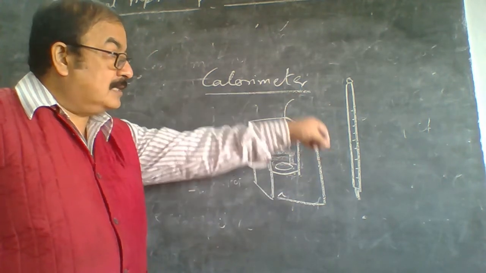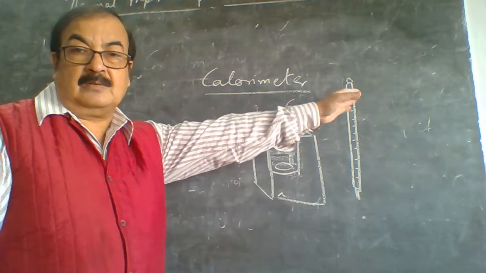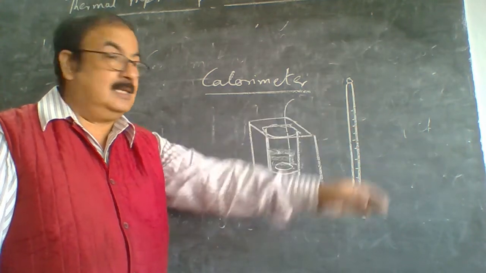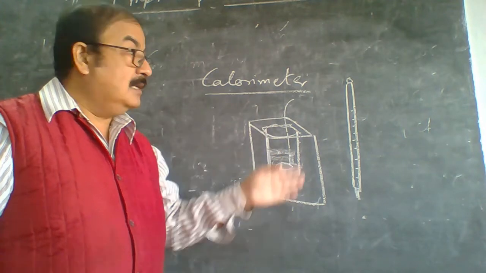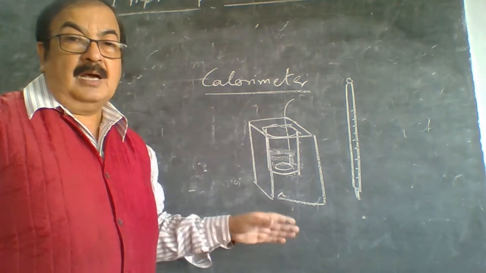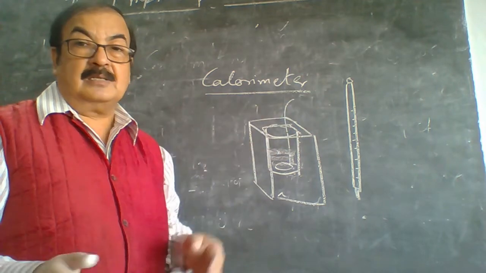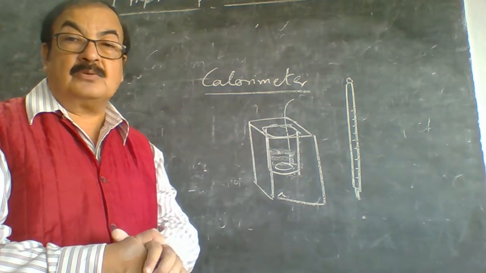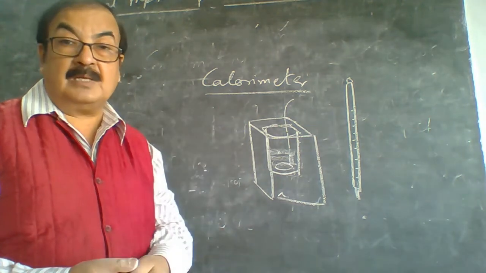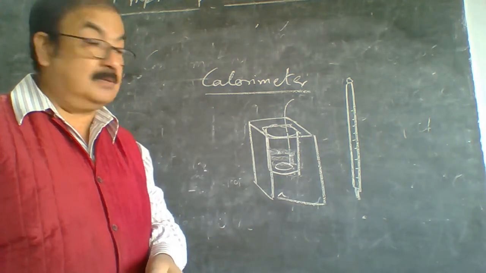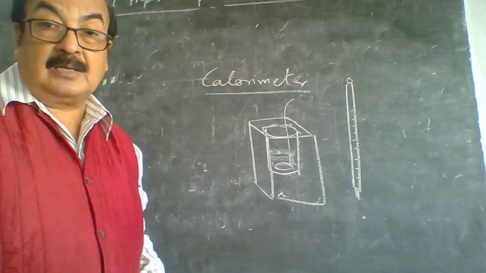We take the initial temperature, which is very high, say 100 degrees, 80 degrees like that, and with the change of time it will gradually fall down, and we measure this. This is actually part of your Newton's cooling curve experiment, and that will be discussed in the experimental part of the subject. But let us see what a calorimeter is.